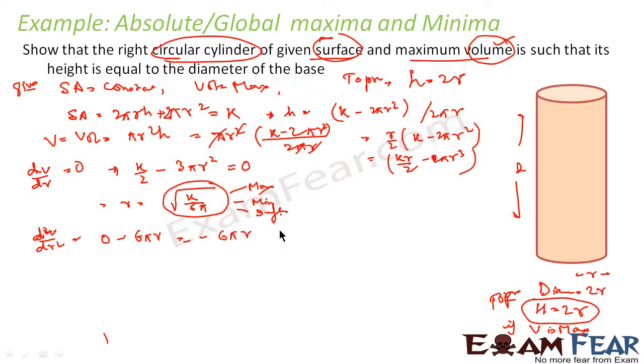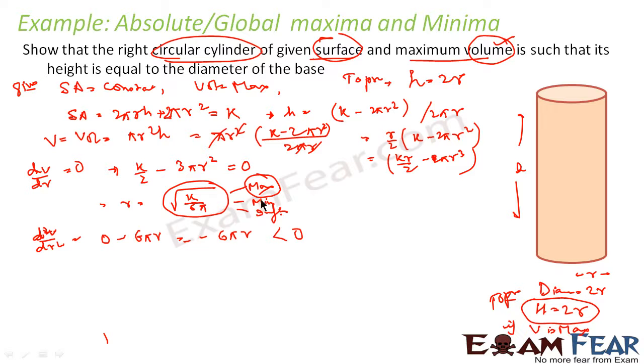That will always be less than 0 because r is always positive. So this is always a maximum. Thus my r is root k by 6 pi.